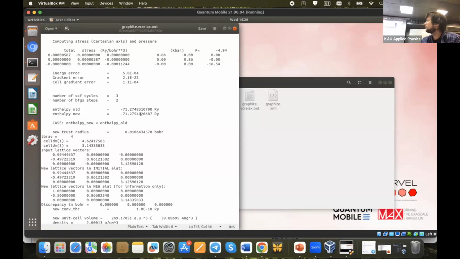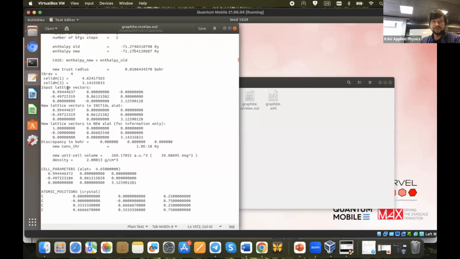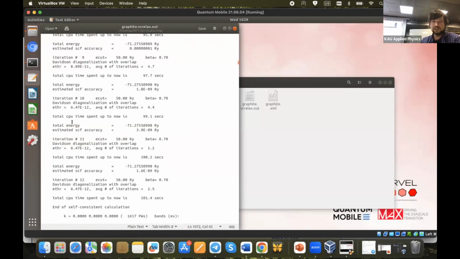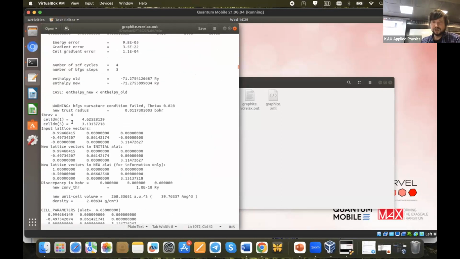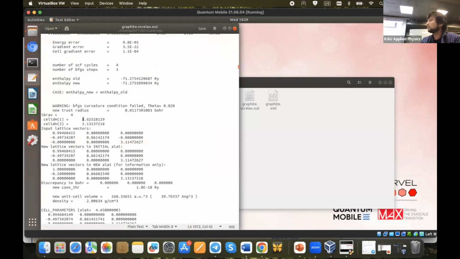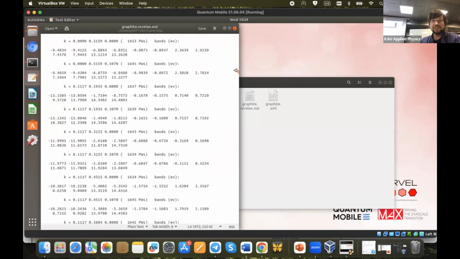We have new energy; on the previous step it was like 48, now it's like 54. So energy also decreased slightly, which means that we are doing everything correctly. Then we go on to the third BFGS step. We change CLDM1 and 3, and so on. We have a new SCF cycle, new stress, and new coordinates, and still no convergence.